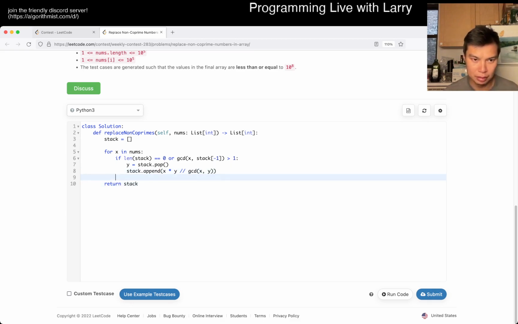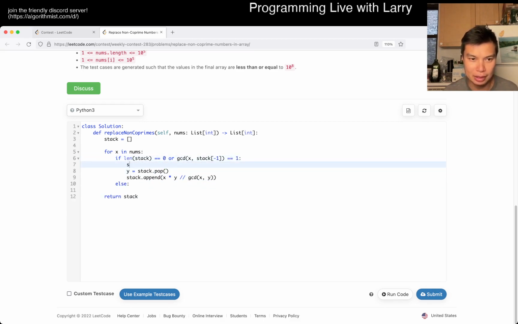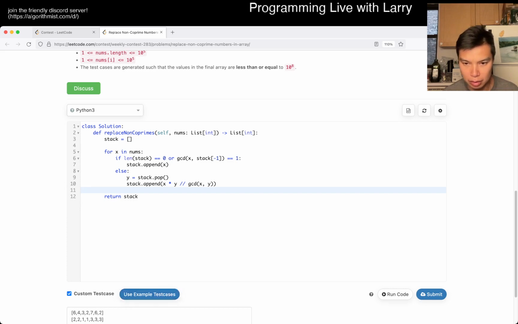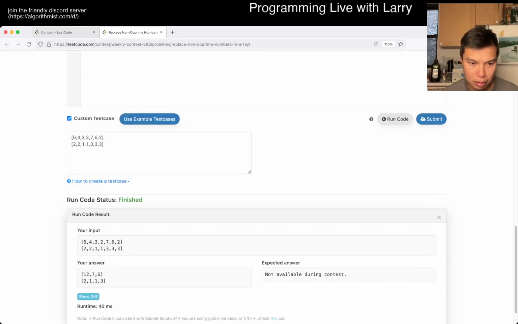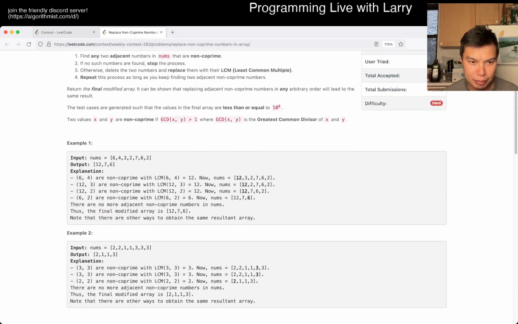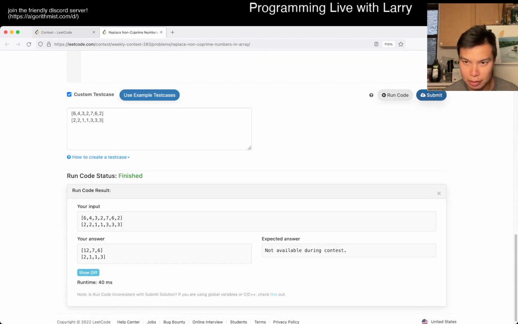Oh, this is a weird condition. I think I messed this up. It should be, if this is equal to this, then stack append x. Is this right? Well, it's right for this thing, so let's go somewhere.